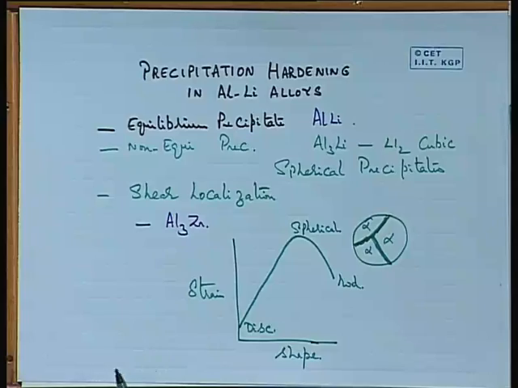Al3Zr can also be a cubic phase, again an L12 cubic phase. If you do solution treatment, quench it and start aging it, this Al3Zr acts as a nucleating site for the Al3Li, because both have the same structure. Al3Li is L12, Al3Zr is also L12.